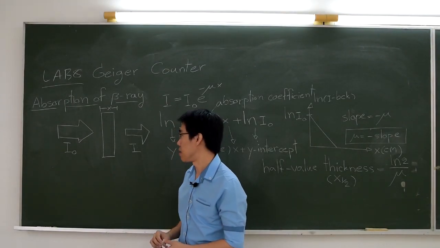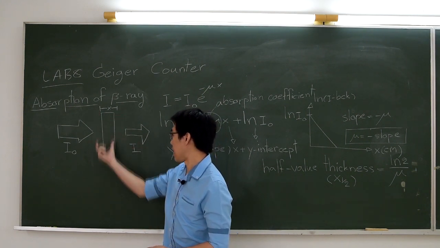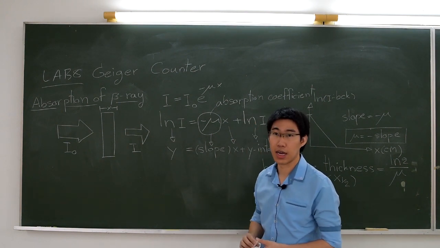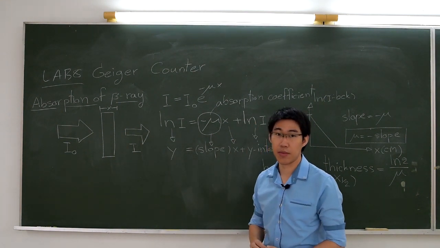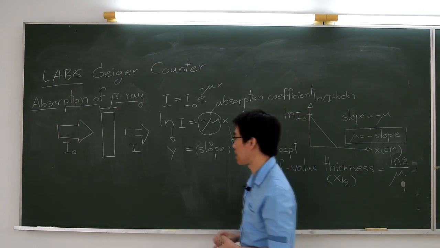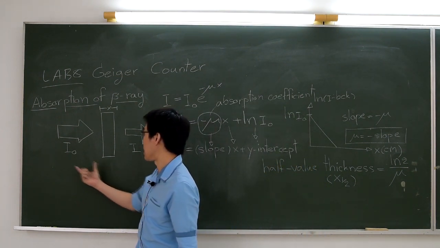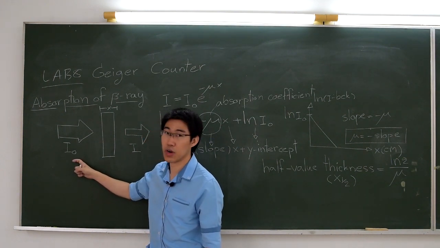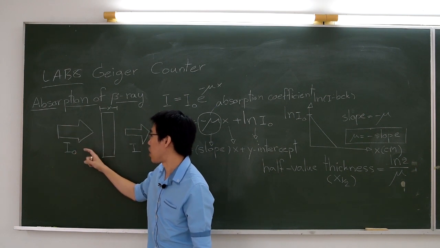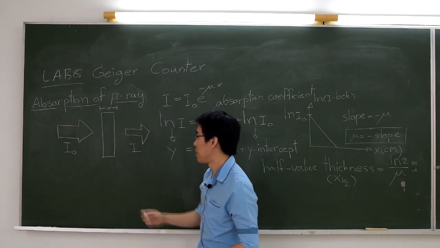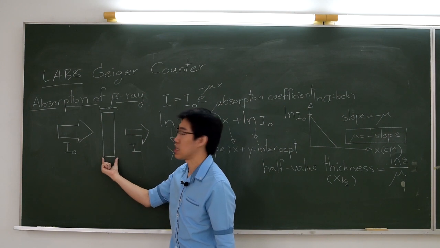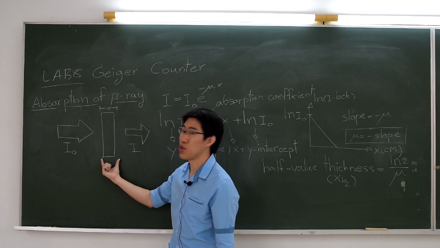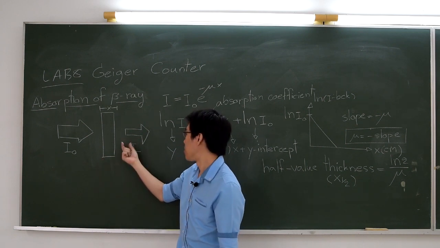Okay, for section 2, we will study the attenuation of the radiation. When the radiation I0, this is the initial intensity of the radiation, travels through the material of thickness x, the material will partially absorb energy of the radiation, and this radiation will be attenuated.